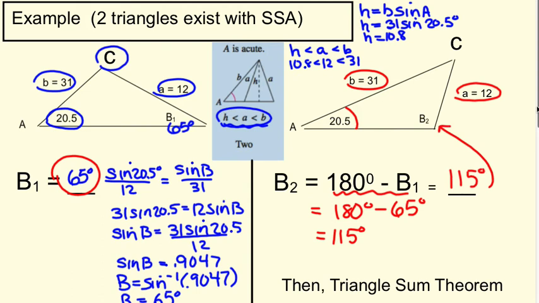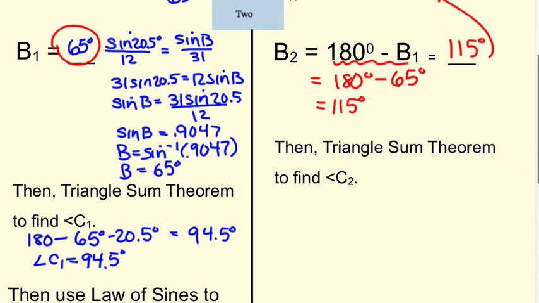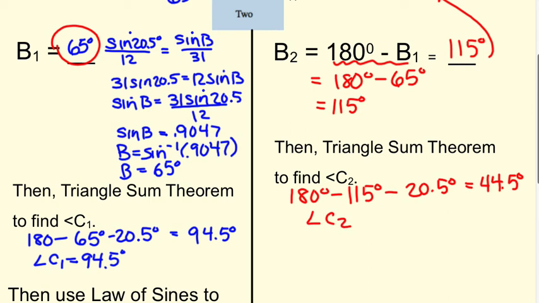Now again, we can use the triangle sum theorem to find angle C2. We take 180 degrees minus our two given angles, angle A and angle B, to find angle C2, which is 44.5 degrees. So angle C2 is 44.5 degrees.